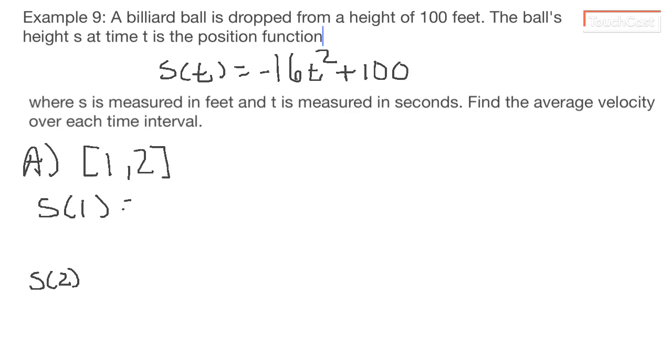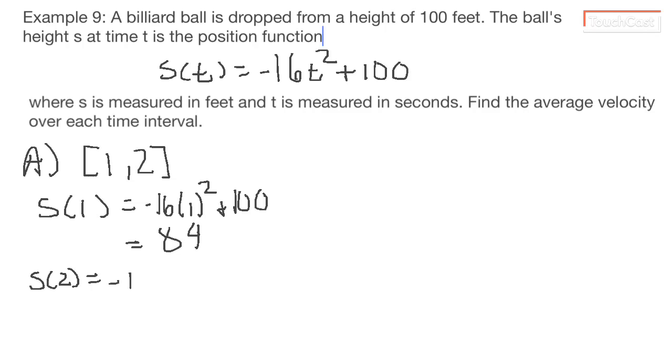So if we put 1 into our position function, we're going to have negative 16 times 1 squared plus 100. Well, 1 squared is 1 times negative 16 is negative 16, and if we add 100 to negative 16, we're going to get 84. So we're going to hold on to that number. We need it in a little bit. We're now going to put 2 in for t.